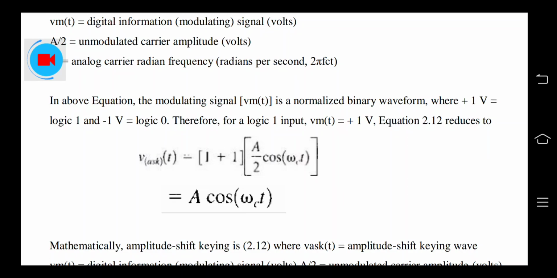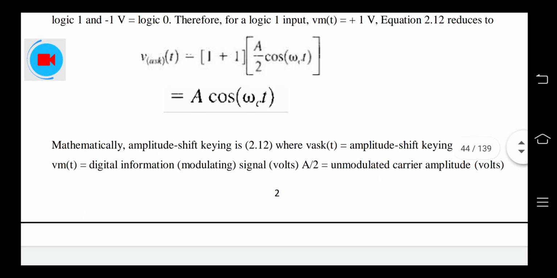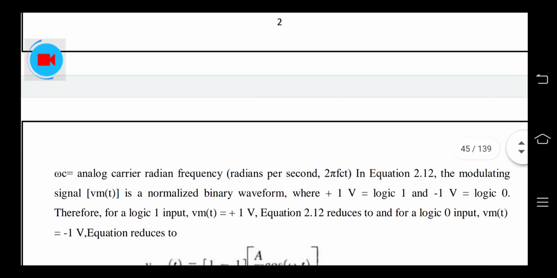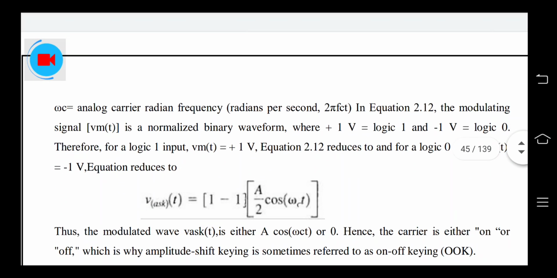How to define it: the ASK waveform is equal to A cos(ωc t), and it is represented mathematically in amplitude shift modulation. Continuing with the same equation, plus 1 volt is logic 1 and minus 1 is logic 0, that is, below is negative and above is positive 1.